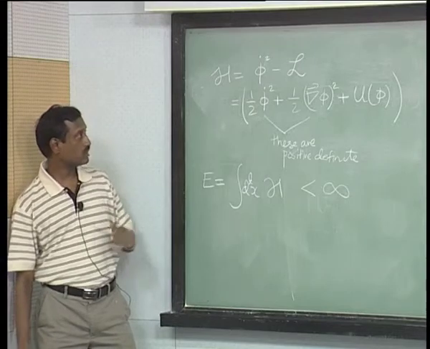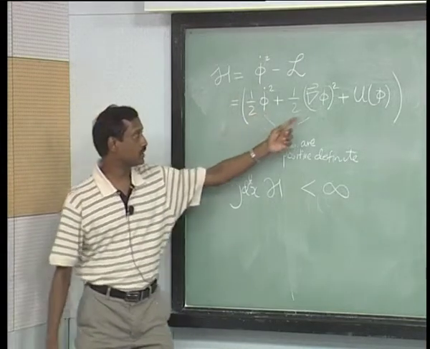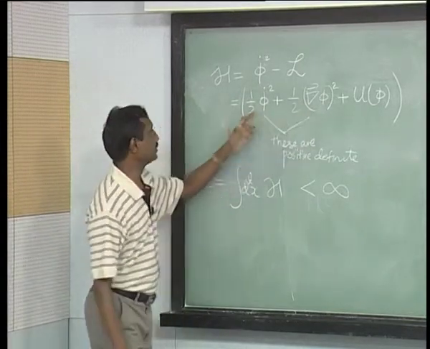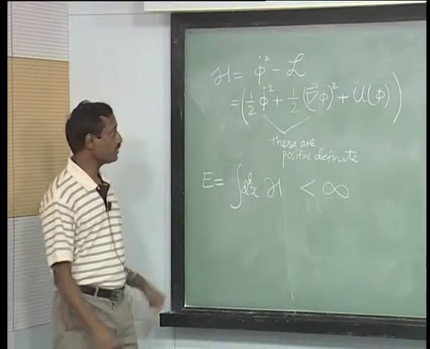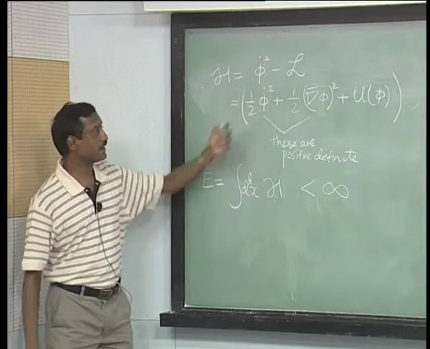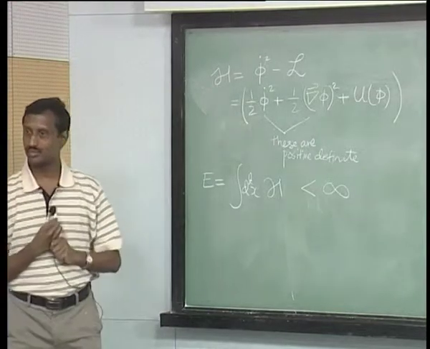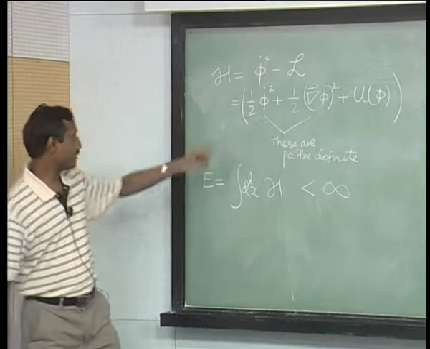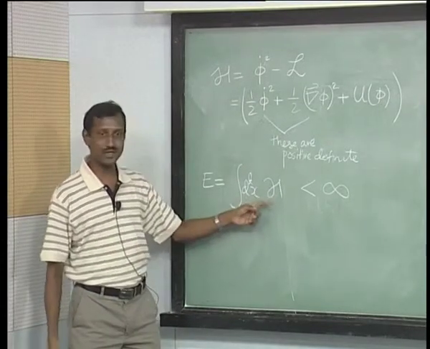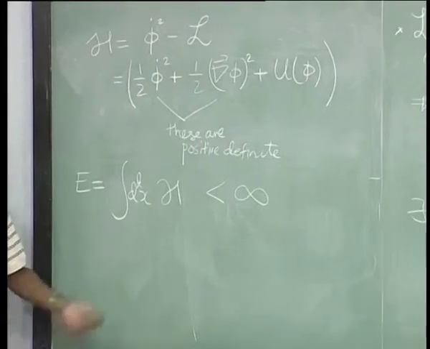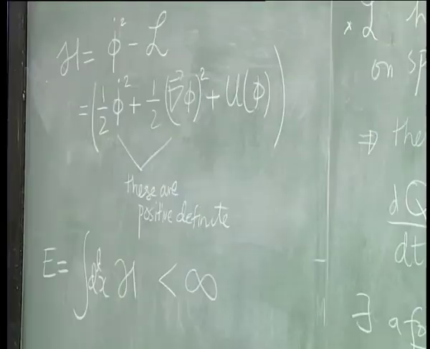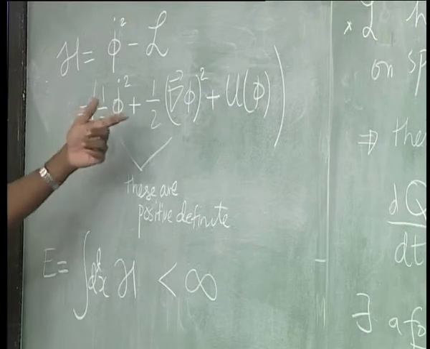It is not enough for these, clearly they will impose conditions on each of these terms. So, for instance, suppose you said phi dot were a constant, okay, that looks okay, but if you put that constant in here, you can see it becomes constant times the volume of space, which is infinite. So, you need certain fall off behavior for things to be finite.